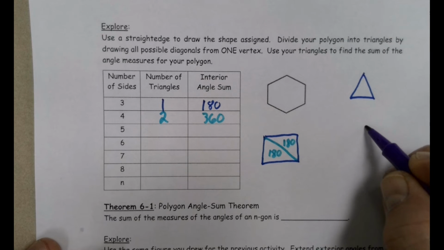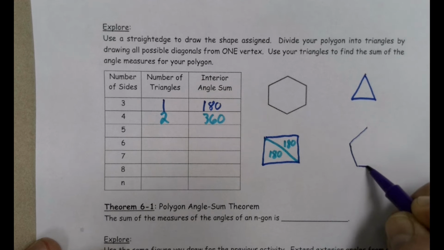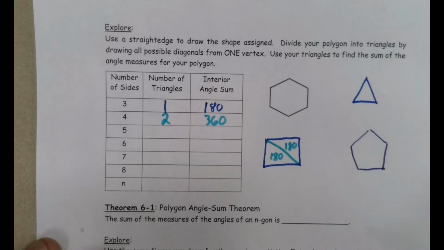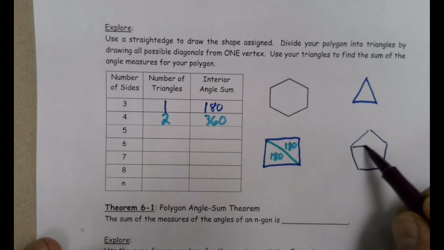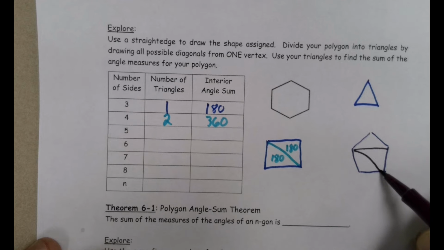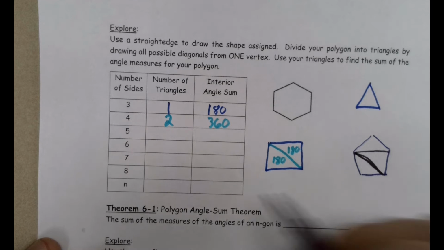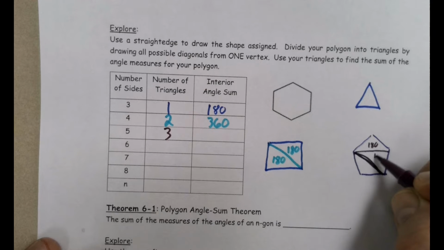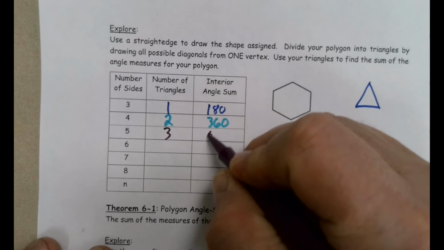If I draw a pentagon, I'll do my best. This is not necessarily a regular polygon. It does not have to be. We'll talk more about what that means in a minute. But it's a five-sided polygon. If I now draw my diagonals from this point, I have 1, 2, those are supposed to be straight lines, and I've got 1, 2, 3 triangles. 180 here, 180 here, 180 here. 3 times 180 gives me 540.